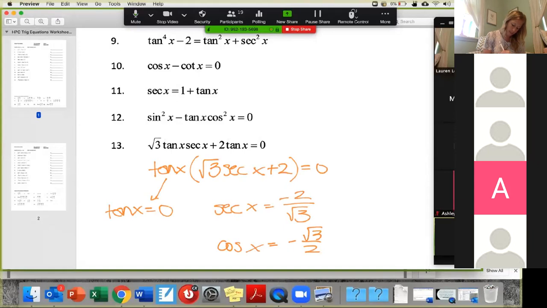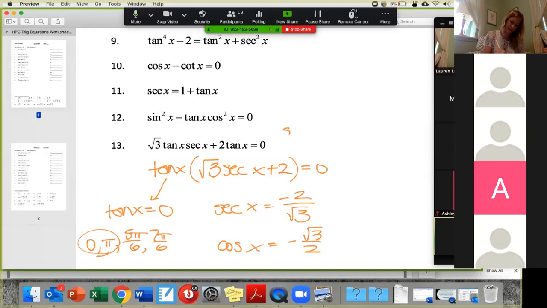Where does that happen? Tangent equals 0 at 0 as well as pi. Cosine equals negative root 3 over 2 in the second quadrant at 5 pi over 6, and 7 pi over 6. I would mentally check these answers with the original.